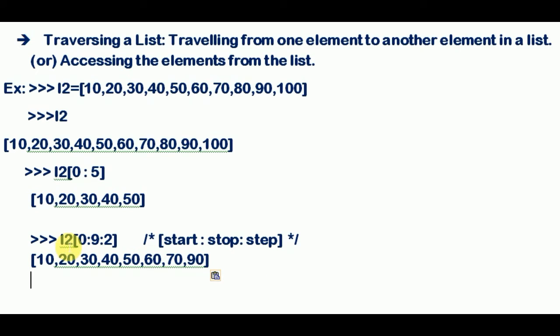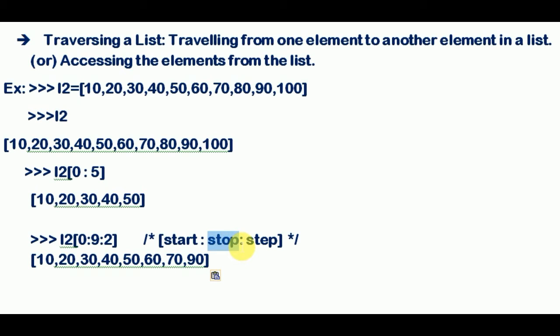Next, in this step we have 3 parts in the list. The first is start, the second is stop, and the third is step. Start shows the element from where the traversal starts, that is our 0th position.